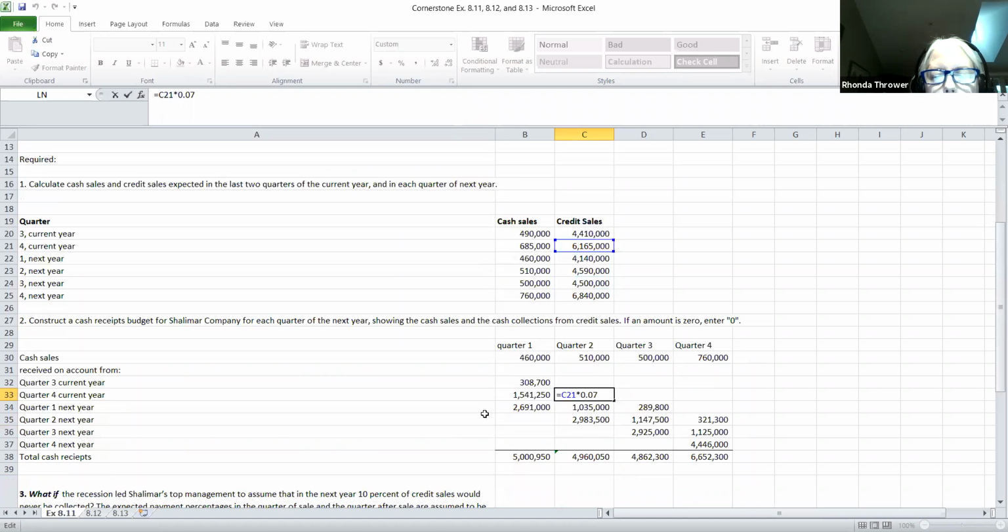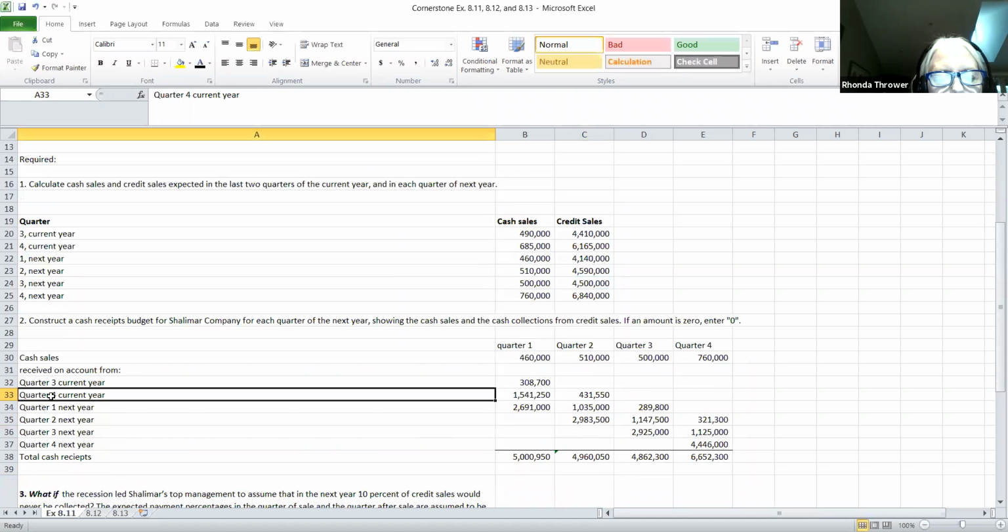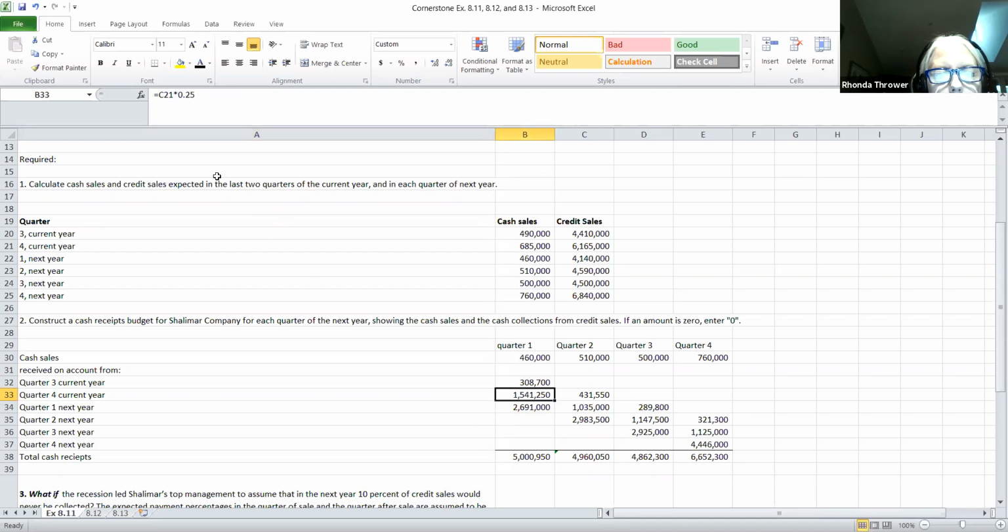So if we're looking at quarter four's sales, in quarter four, we would have collected 65% of the credit sales. In quarter one, we would have collected 25%. And in quarter two, we would have collected 7%. And then the remaining 3% would not be collected because it was uncollectible.